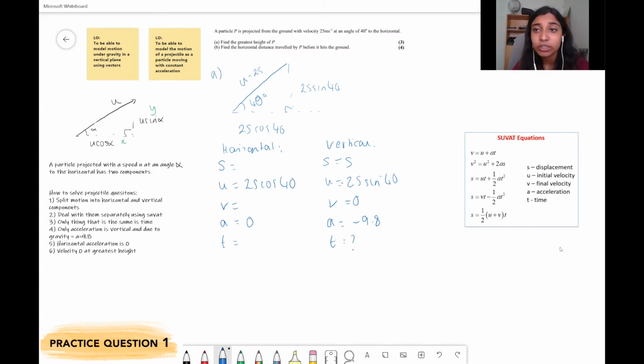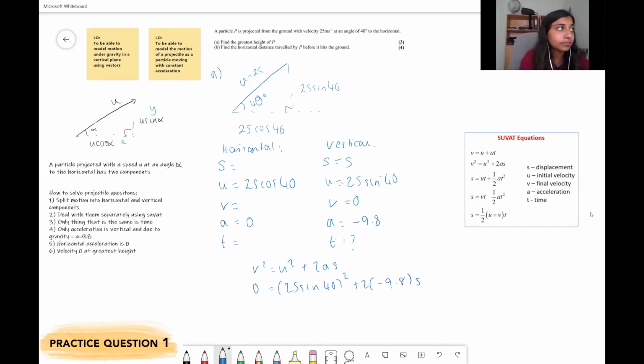So now we want to use one of our SUVAT equations that doesn't have t but that we can find s in. So we can use v squared equals u squared plus 2as. So 0 is equal to (25 sin 40) squared plus 2 times minus 9.8 s.